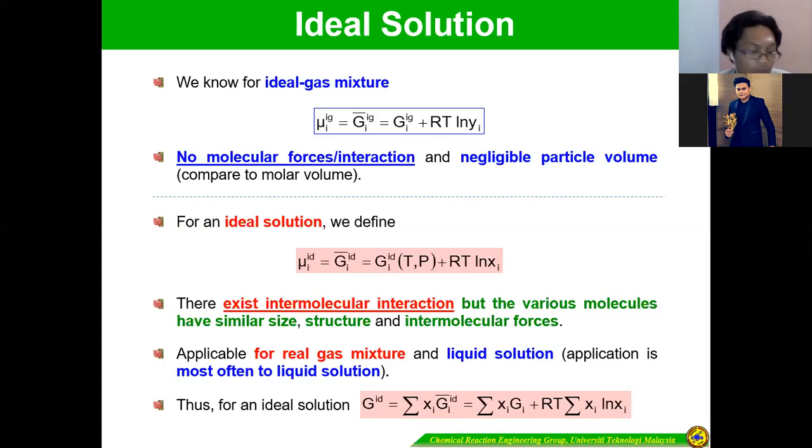Actually, it's the basis for the calculation of the non-ideal solution. If you look here, they are applicable for real gas mixtures and liquid solutions. However, the application is most often to the liquid solution. You have to remember that, because this part is going to be related to chapter 12.